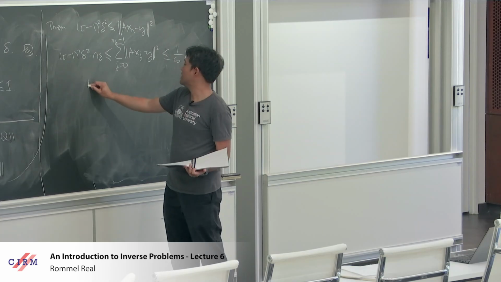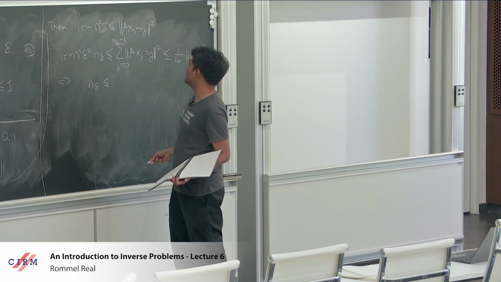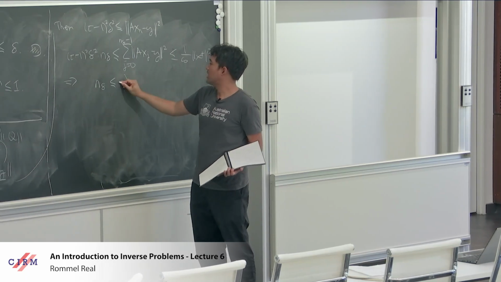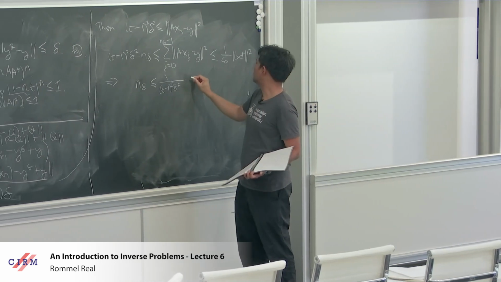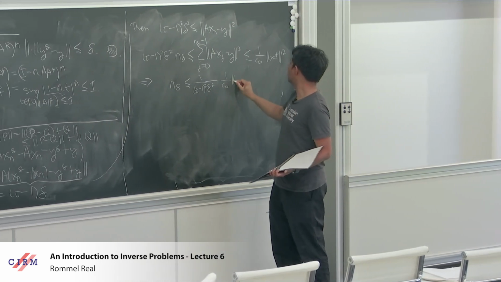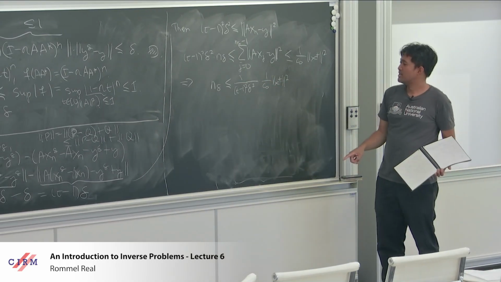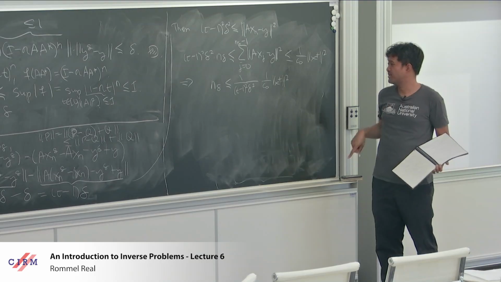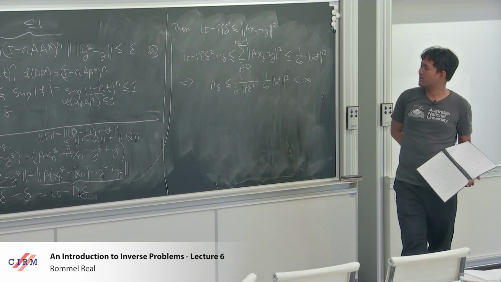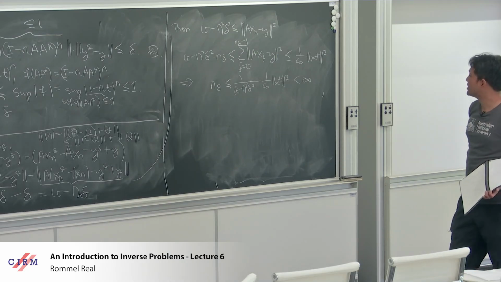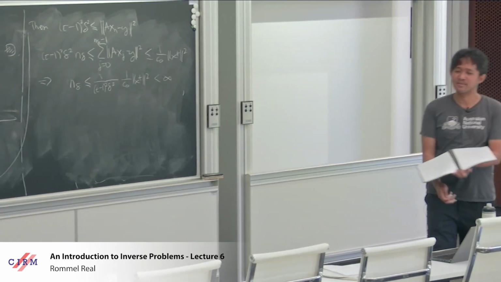Because we can write n sub delta in this way, which is this square. Notice these are all given constants there. There's no term there in terms of an iteration number, so it's finite. So that means n delta is finite.